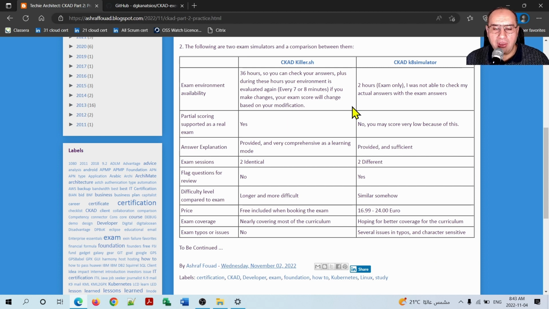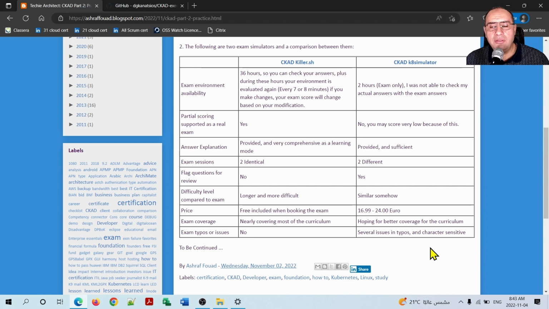Actually, after I tried both of them, I complained to the Kubernetes emulator people. They were very responsive and very polite in their replies, and I asked for a refund, and I got my money back after I finished the first session.